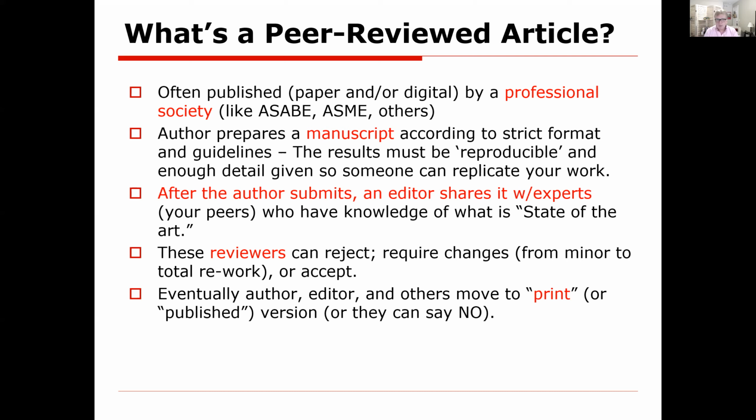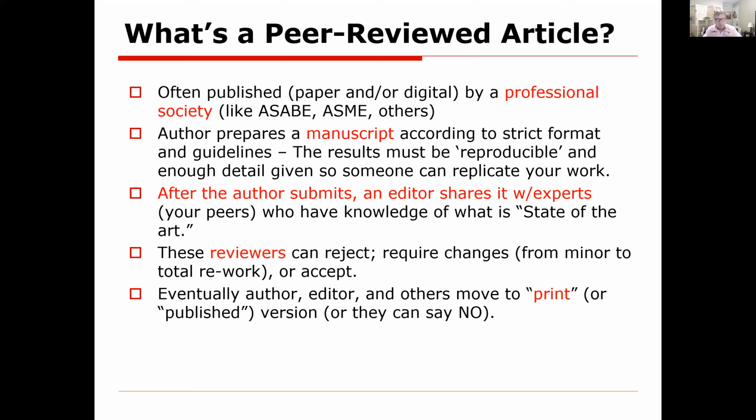And those reviewers typically have a period of time. It's usually about 3 weeks or a month or maybe 5 or 6 weeks to review that article. And we're expected to review it really carefully, and we're expected to be able to fully understand it. The idea of a peer-reviewed article, especially in engineering, is this: if you were given the same resources and all of the facilities and the things that that author had access to, would you be able to recreate that work based on what they explain in their article?